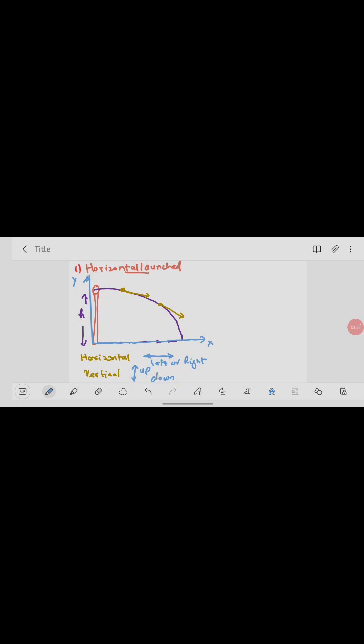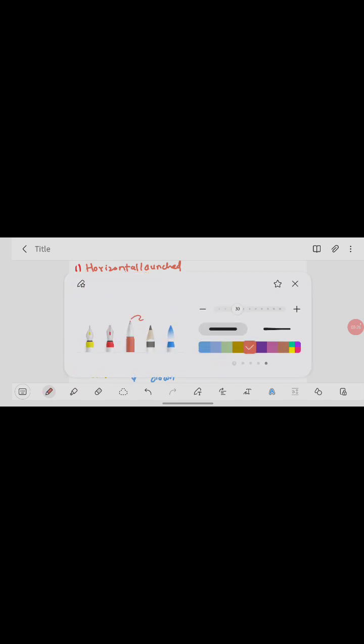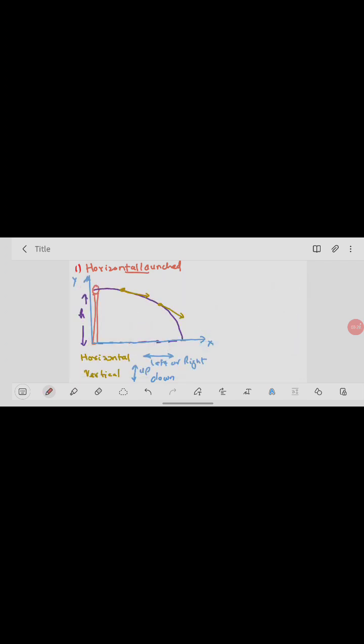Now it is a horizontal launch, so if I ask you to draw the components, how can you draw them here? The first thing is the initial velocity in the horizontal, x for horizontal. It is constant, which means the final velocity in the horizontal will be constant.